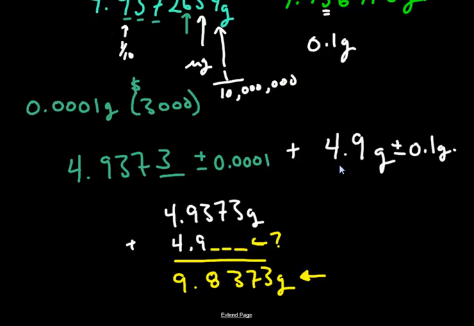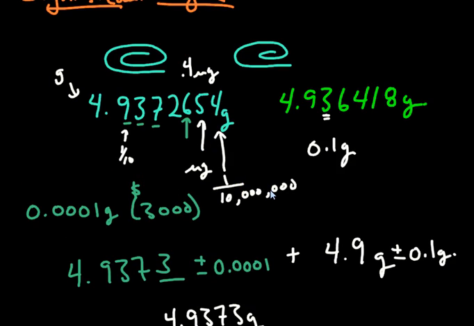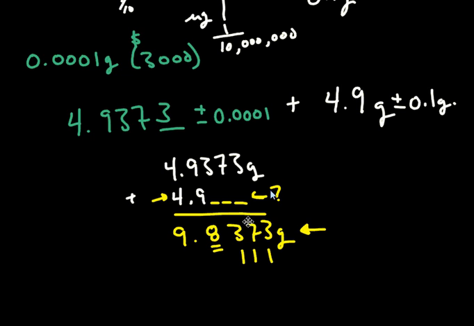Okay? So when we have a scenario like this, we have a rule that says I can only show in my result a number of digits after the decimal equal to the one with the least amount. So this one has the least amount after the decimal. I'm only allowed to show to here. This is the last digit that's considered to be significant, because we don't know what these are. And in fact, if you took these values, both the fours, and added them together, you would not get this number. You would get different values than this.